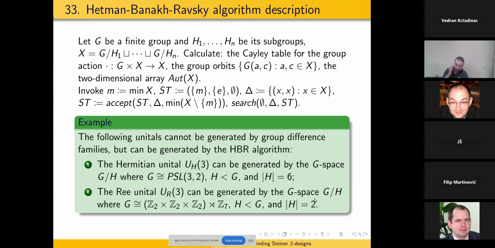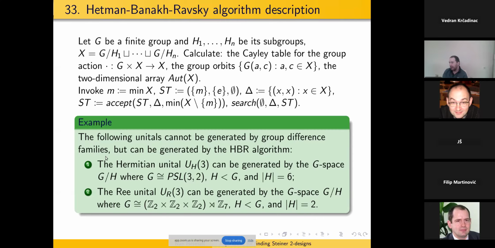This also, by the way, explains why they cannot be generated by groups of order 28, because PSL and this semi-direct product do not have subgroups of order 28. And the automorphism groups of these unitals also do not have subgroups of order 28.